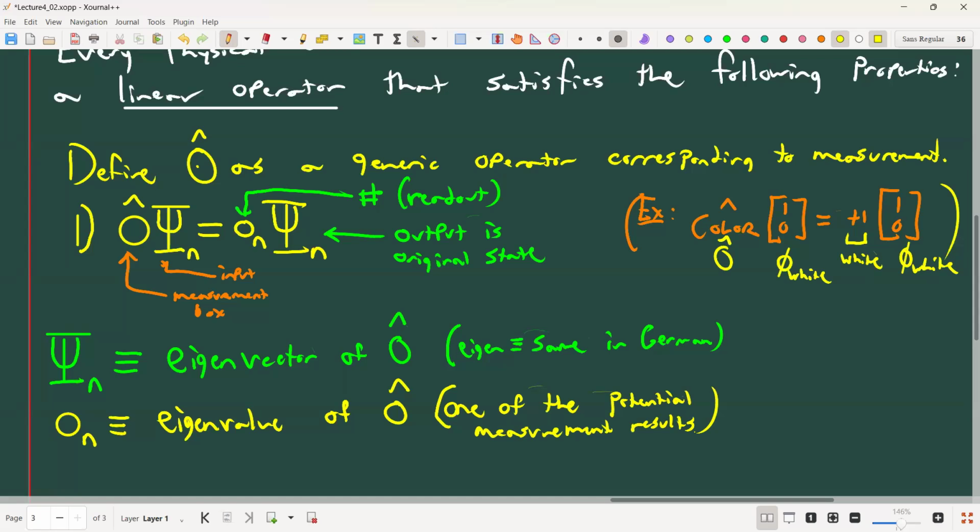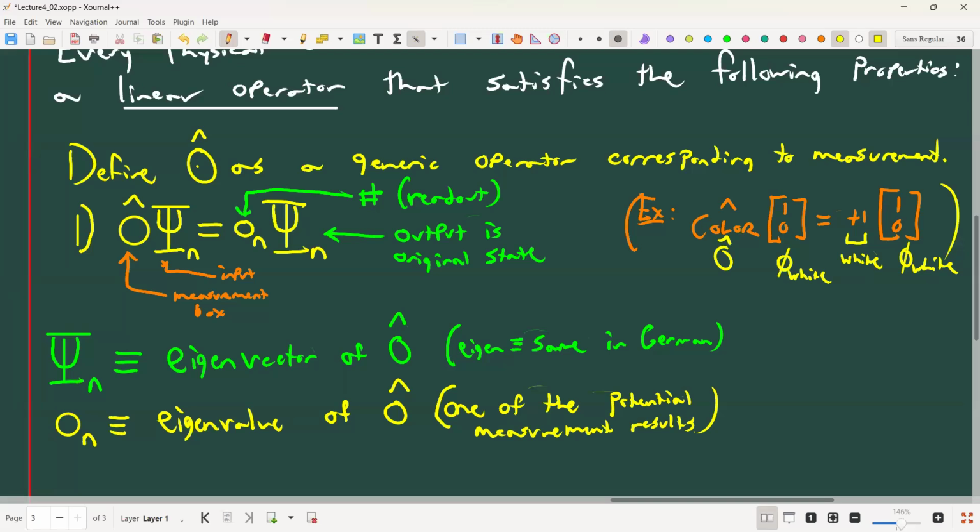Just like color. Same idea, same concept. Measurements are operations that we do on systems that leave them unchanged. It's not a manipulation, but a measurement. Measurement means it's unchanged. So the wave function n is the wave function out. So we have to construct that energy operator, and we're not that far from doing that.